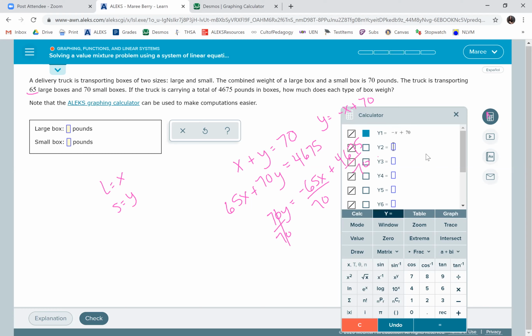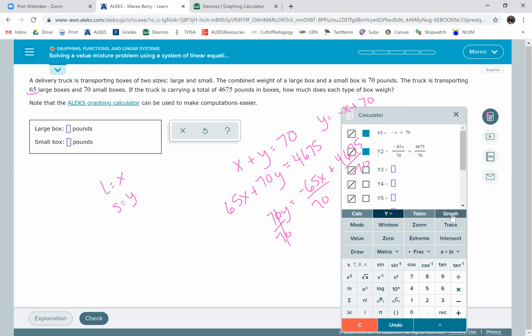And my second one is negative 65X divided by 70. Take the right arrow and then do plus 4675, okay, divided by 70.